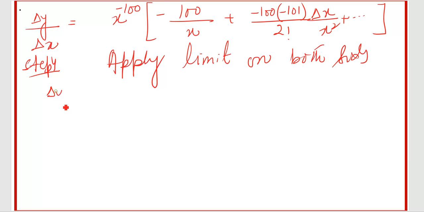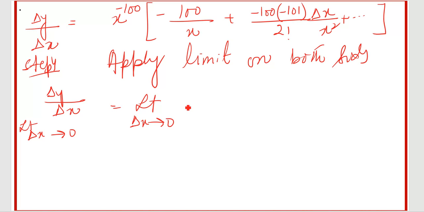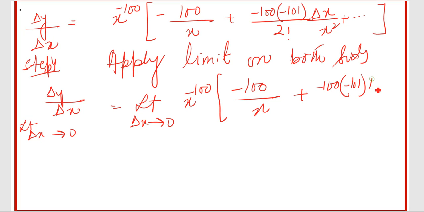So here we have delta y over delta x, limit delta x tends to 0, which is equal to limit delta x tends to 0, x raised to power minus 100 minus 100 over x plus minus 100 minus 101 delta x over x square and so on. So wherever you will see delta x, you have to put 0, but on the left hand side when you apply limit delta x tends to 0 on delta y over delta x, it will be dy by dx.